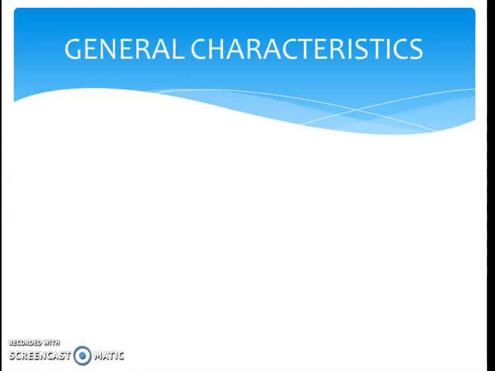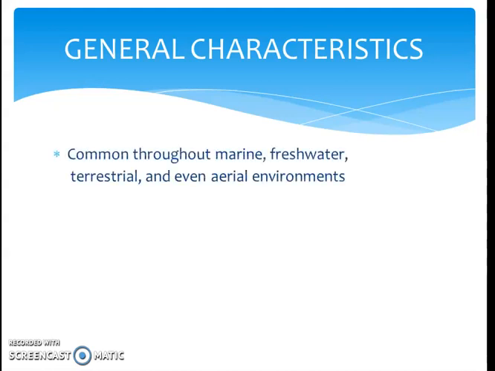They are divided into different groups, but before moving to the different groups, first we need to know about their general characteristics, general properties that every single member of this group will have. The first characteristic is that they are common throughout the marine, freshwater, terrestrial, and even aerial environment. It means they can be found in all these environments.